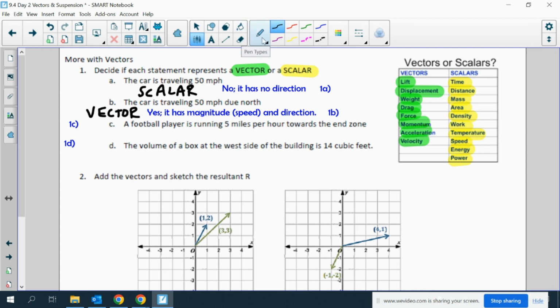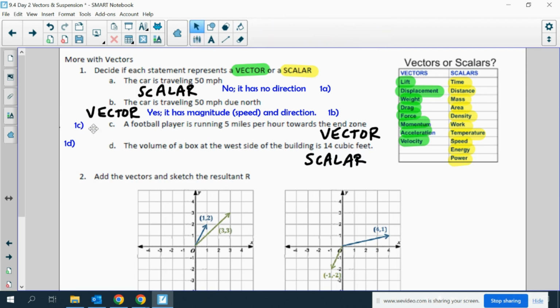Football players running 5 miles an hour toward the end zone would be a vector. But the volume of a box is a scalar. Even though we tell you where it is in the building, that's not really relevant for what's happening.